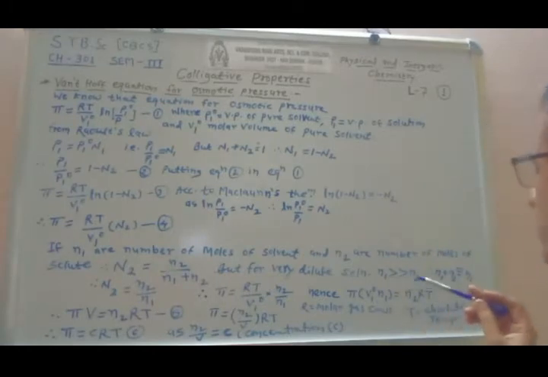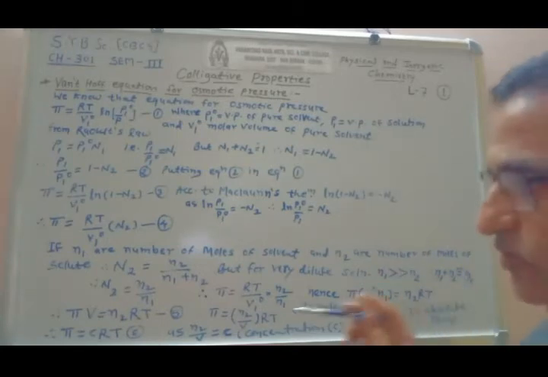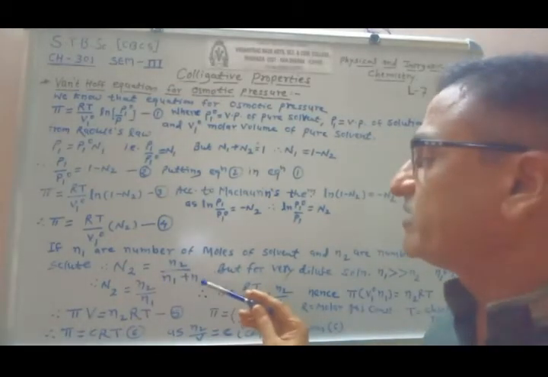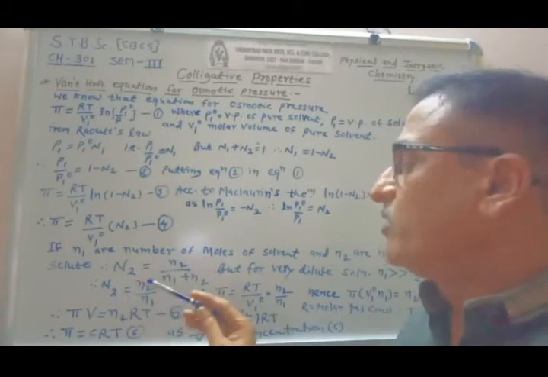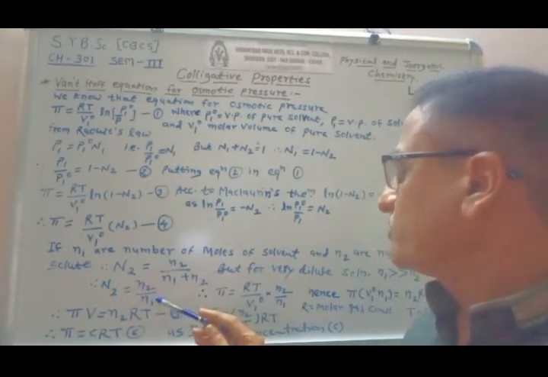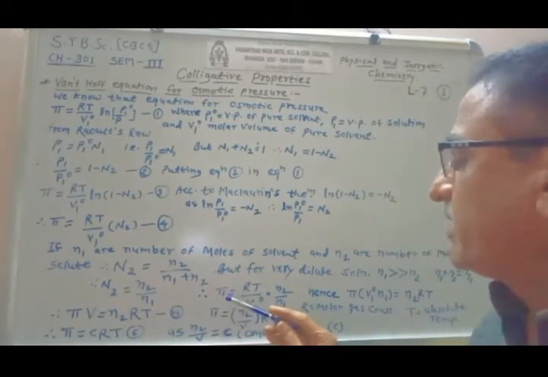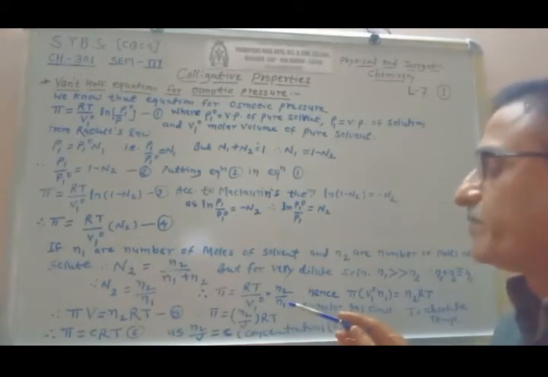So n1 plus n2 is approximately equal to n1, neglecting the value of n2. Instead of n1 plus n2, we write n1. The equation becomes N2 is equal to n2 upon n1 for a very dilute solution. Now putting this value, we get π is equal to RT upon V10 into n2 upon n1.